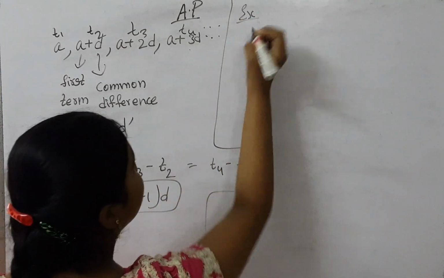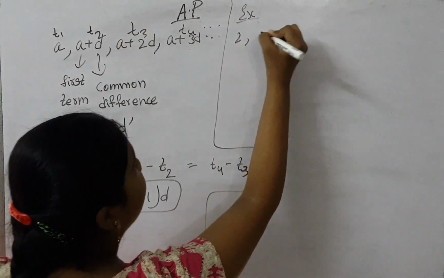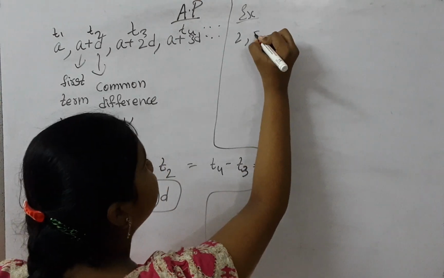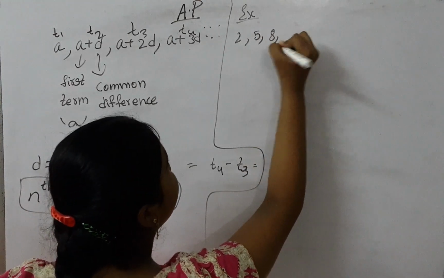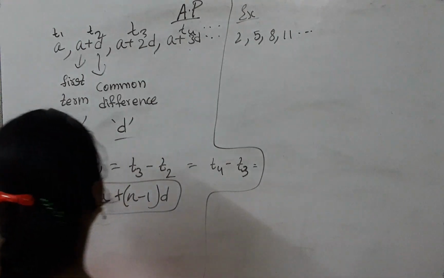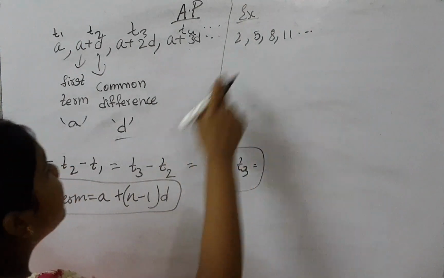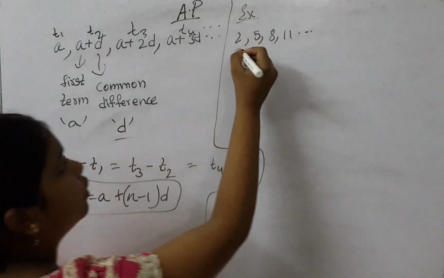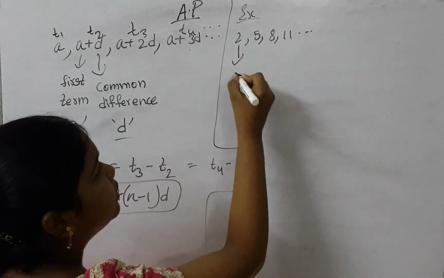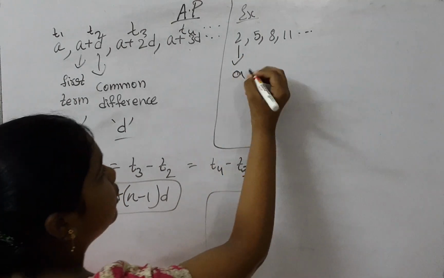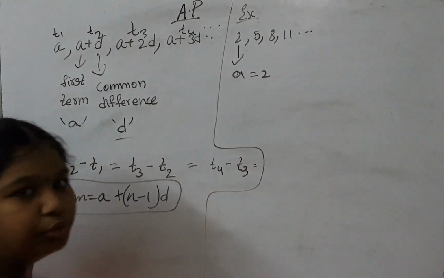Example. I am taking an arithmetic series 2, 5, 8, 11 and so on. Here a is the first term, so a is equal to 2.